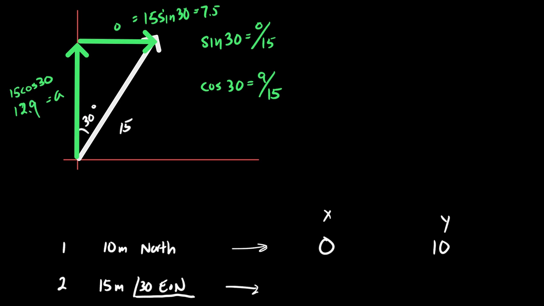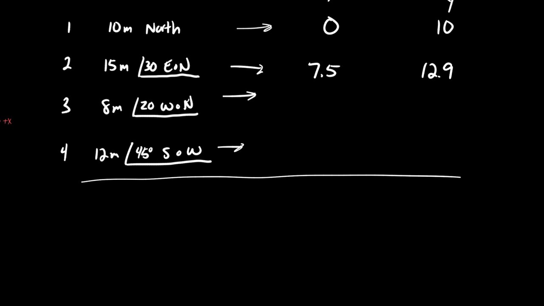I'm noticing that the adjacent is in the positive y direction and the opposite is in the positive x direction. So I'm going to go ahead and write that in. In the x direction, I am going out 7.5. And in the y direction, I'm going out 12.9. We good? All righty, still going.